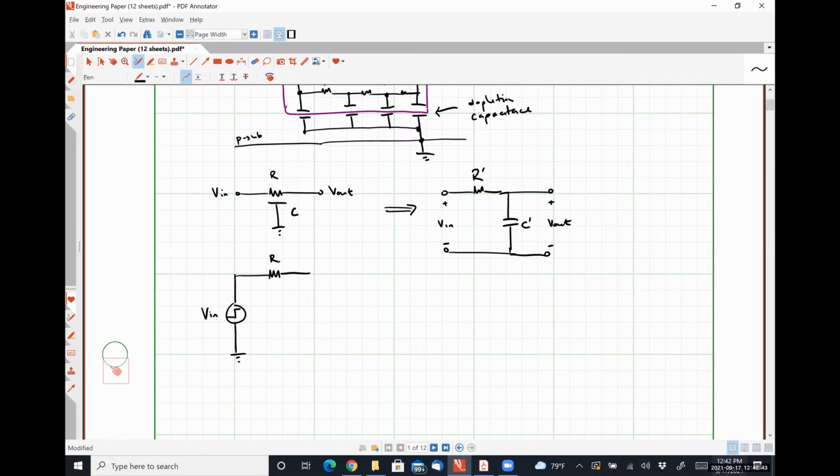I have some resistor R. I have some capacitor C. And I want to know what my output voltage is. Graphically, what should that input-output relationship look like? Anybody remember any of this stuff from literally circuits 1?